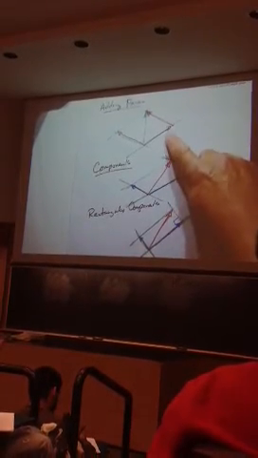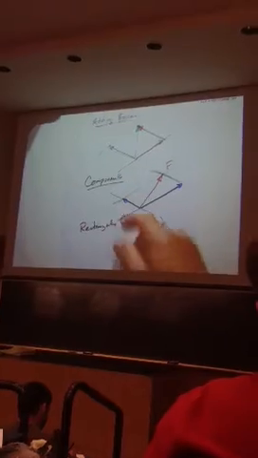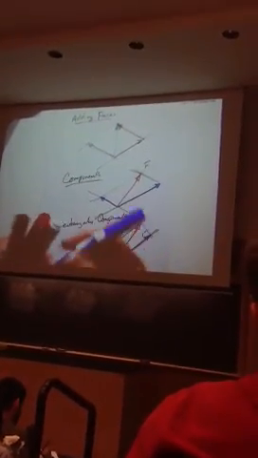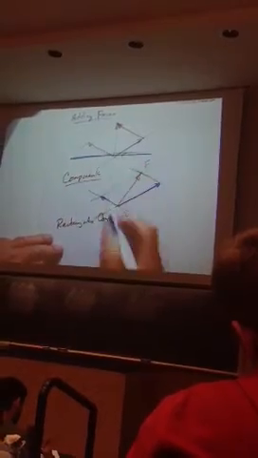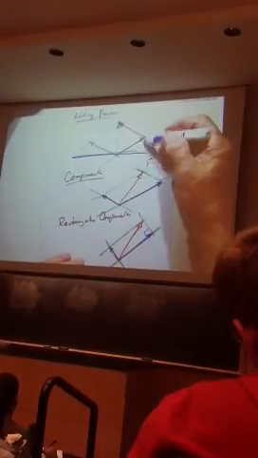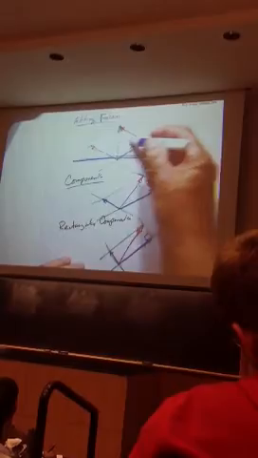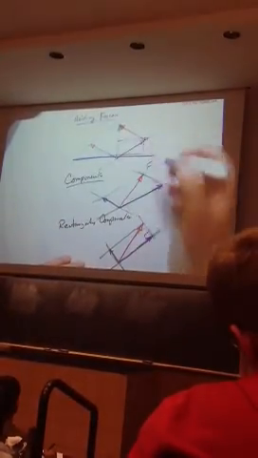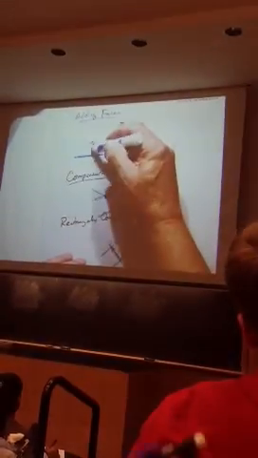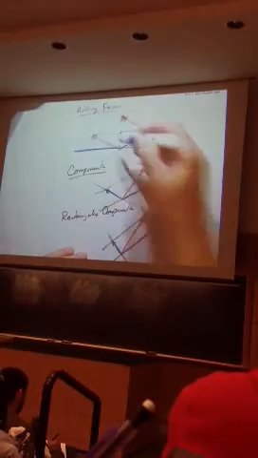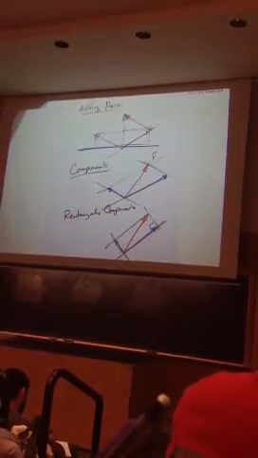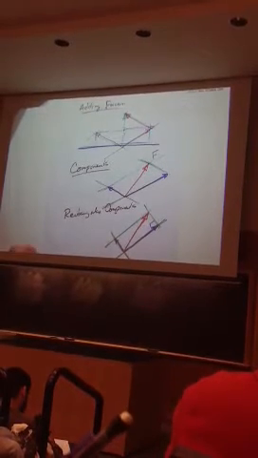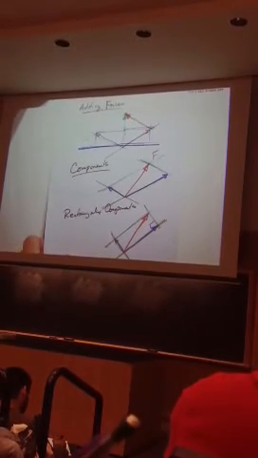When we're adding forces, we could divide each of those forces into their rectangular components relative to a common coordinate system. I could find the components of the first force relative to horizontal and vertical, find the components of the second force relative to horizontal and vertical, and simply add those components together to get the resultant, the sum of both of those.